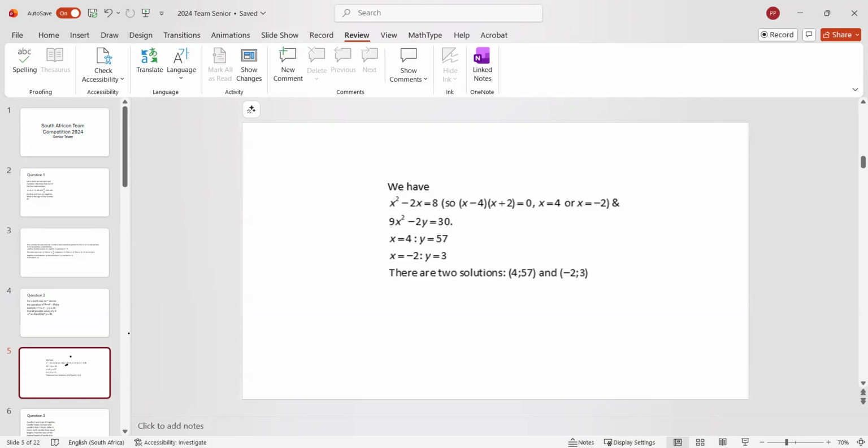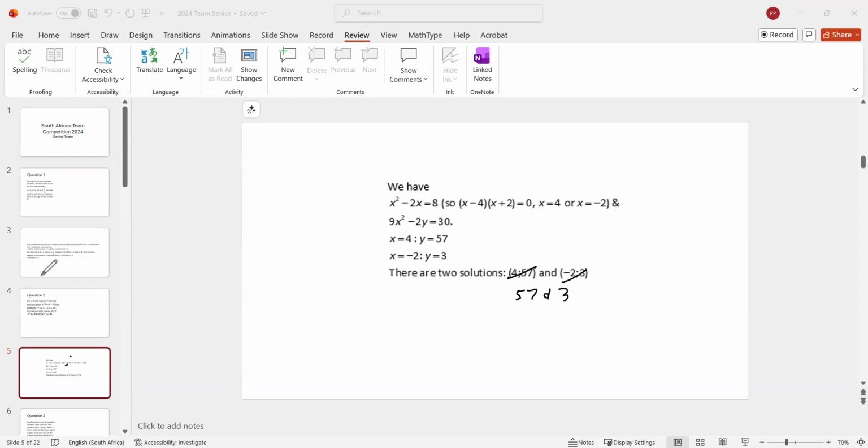You see, this is not answering the question. So this is wrong. Always try to answer the question. Question is find the values for y, not the solutions. So the two values, we should say 57 and 3. Okay, those are the values because the question asked for y.